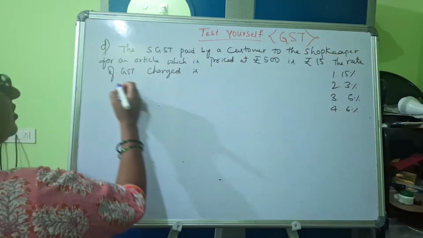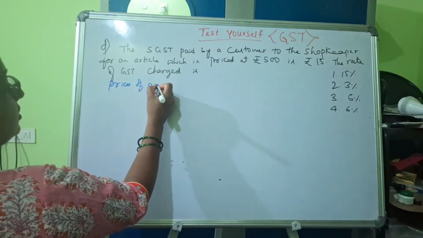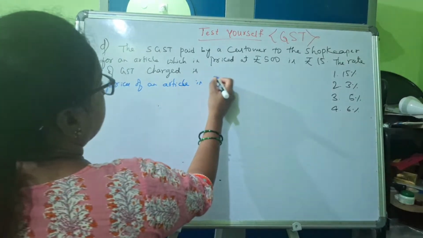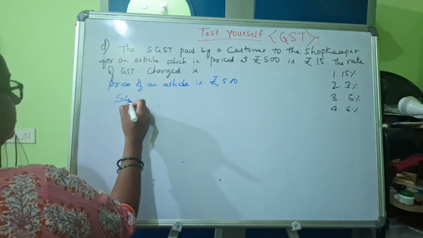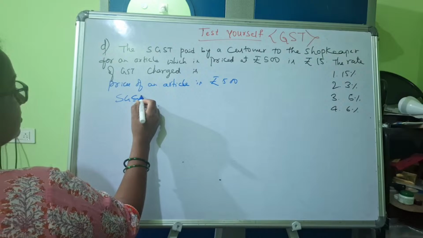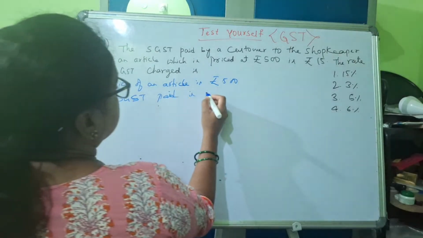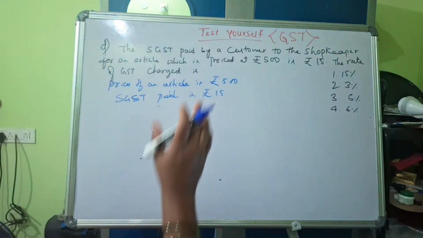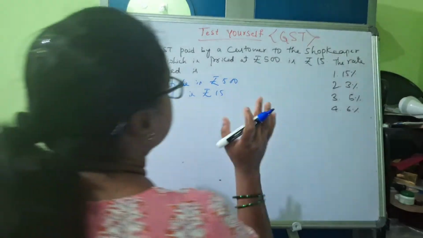So here they have already given that the price of an article is rupees 500. GST paid is rupees 15. Here they have given the amount of GST. We have to find the percentage of GST.